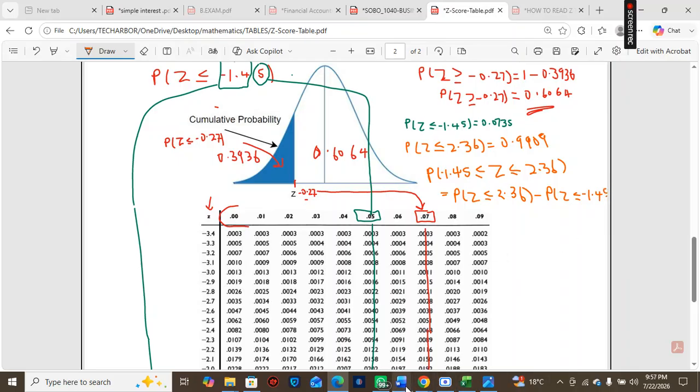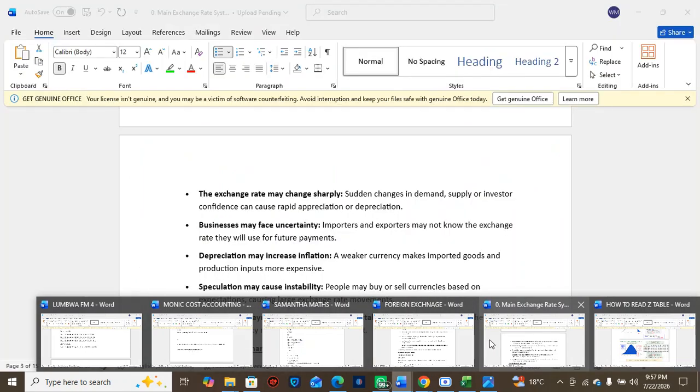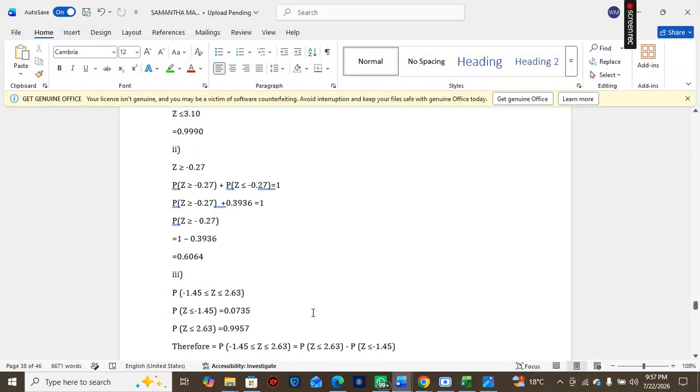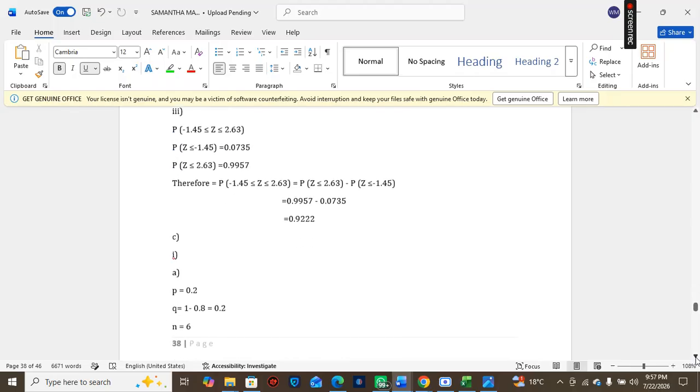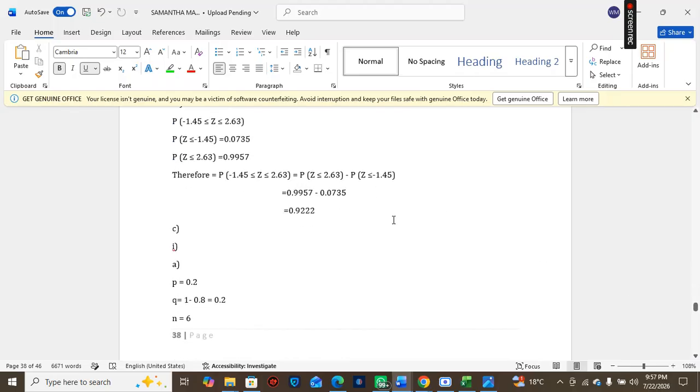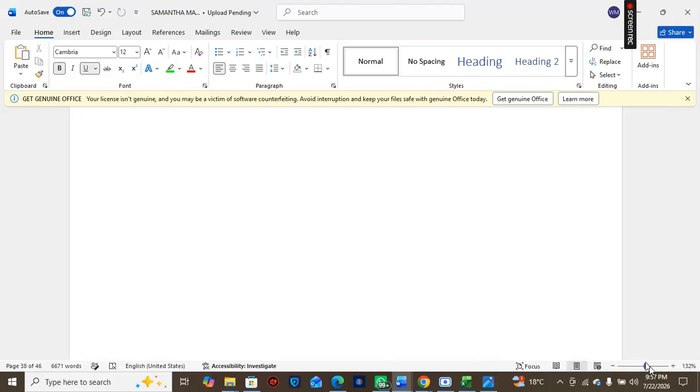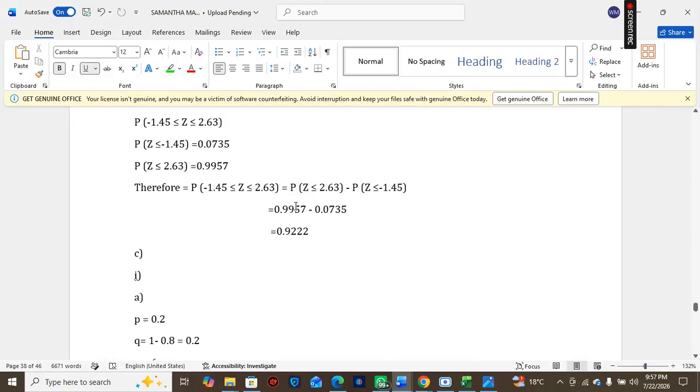I've got the solutions typed out here. So it's 0.9909 minus 0.0735.